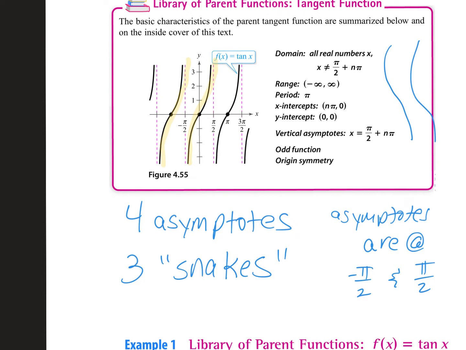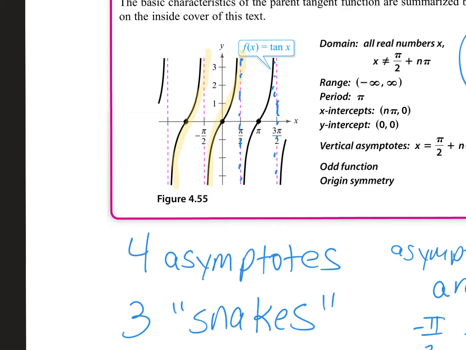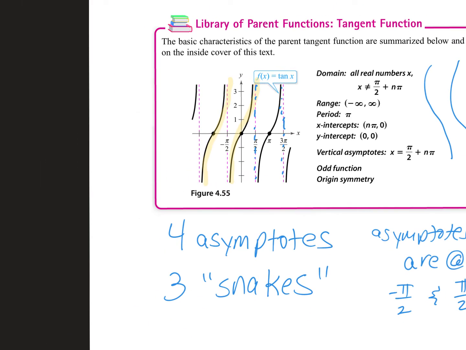With the parent function, you have an asymptote here at pi over 2, and another one here at 3 pi over 2, and it would just continue on, with those little snaky things in the middle. If it was a negative, the snaky things would go backwards. But every time you graph a tangent function, you are going to find 4 asymptotes and 3 snakes. That's what I'm going to be looking for.